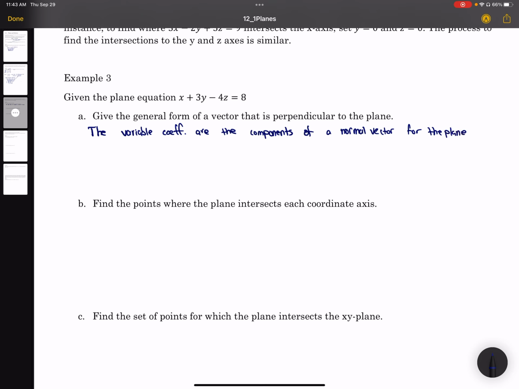So what that means is 1, 3, negative 4 is orthogonal to that plane, but it could be any multiple, any vector that's parallel to that. So we'll put a K in front, and we'll put the disclaimer: K is any non-zero scalar value.